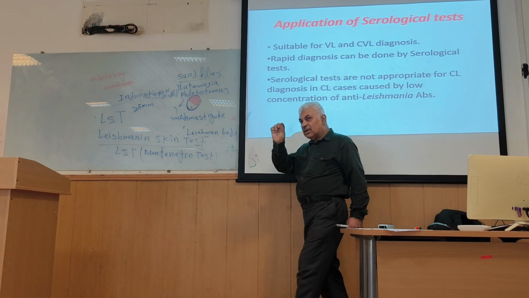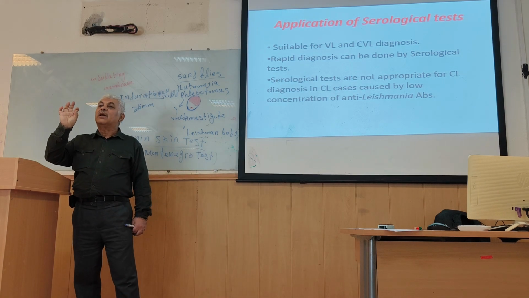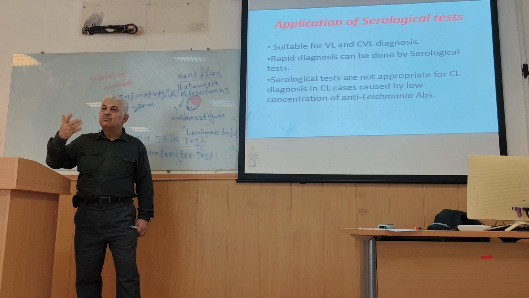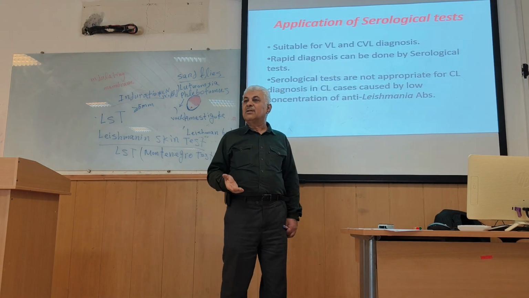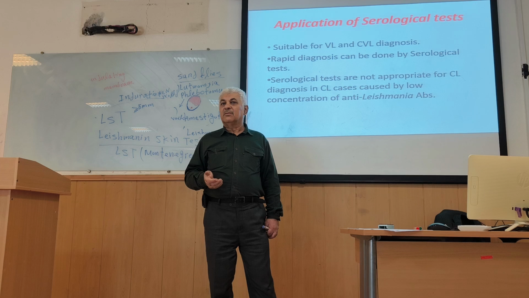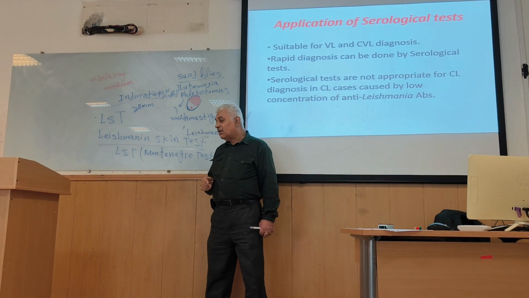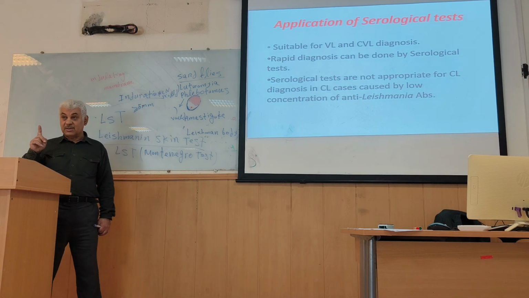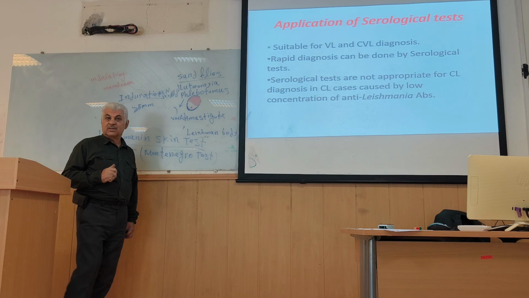We can measure the antibody against leishmania. We can find the antigen of leishmania in blood, in serum, in urine, in different forms. We can use serological tests for the diagnosis of visceral leishmaniasis and mucocutaneous leishmaniasis.